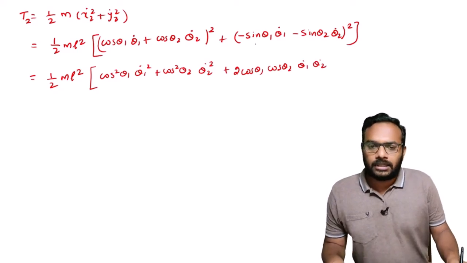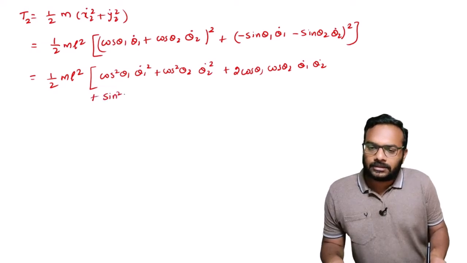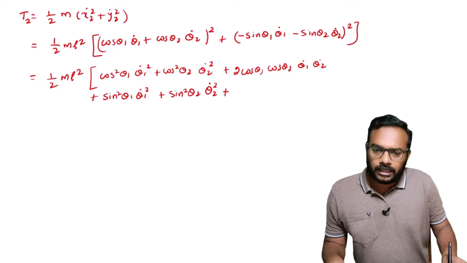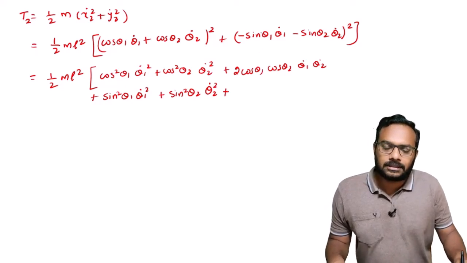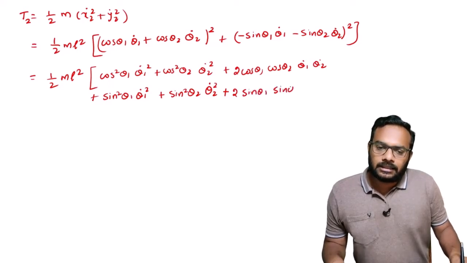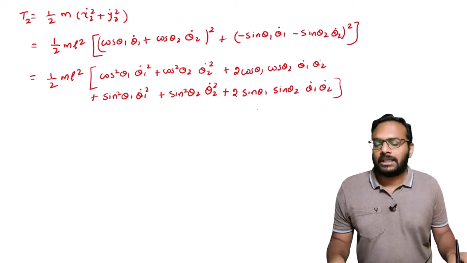Similarly, we square this thing, we get plus sine square theta 1 dot square plus sine square theta 2 dot square. Again there's a plus here because it's 2ab. All right, 2 sine theta 1 sine theta 2 theta 1 dot theta 2 dot. Okay, we have just squared and added.